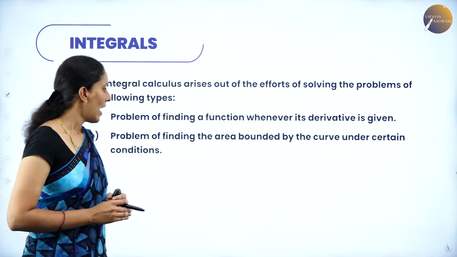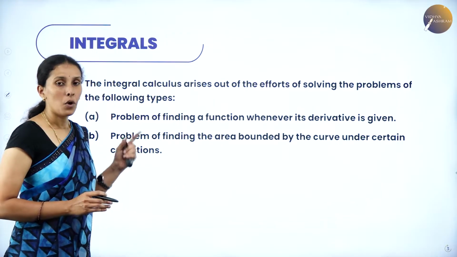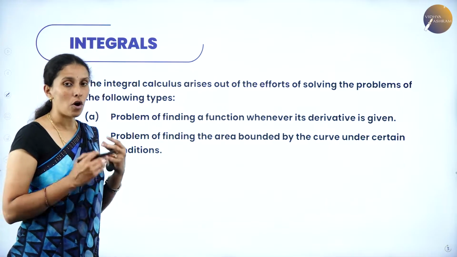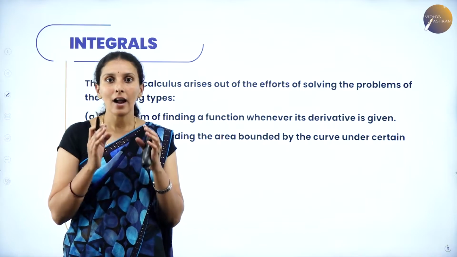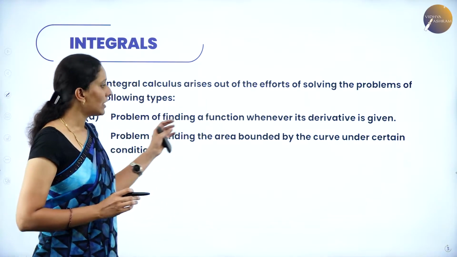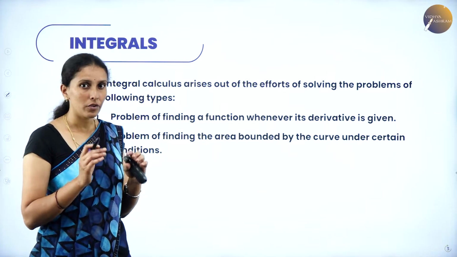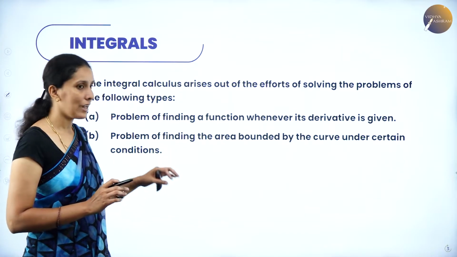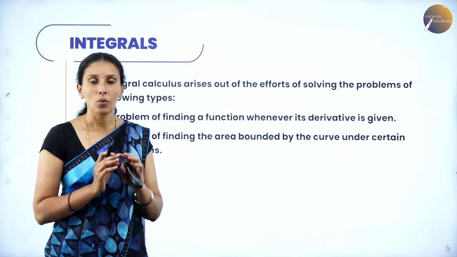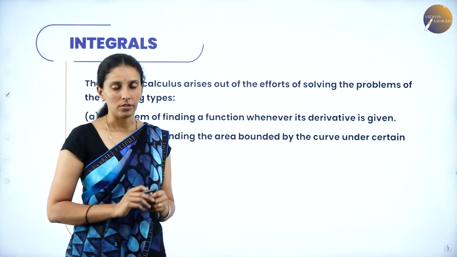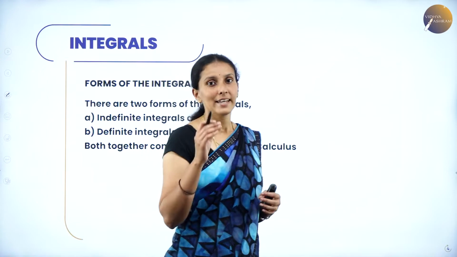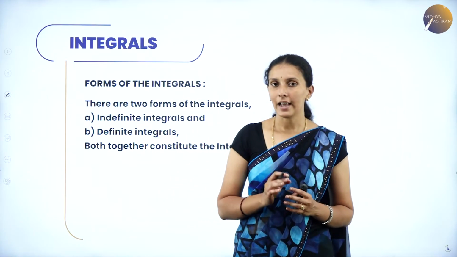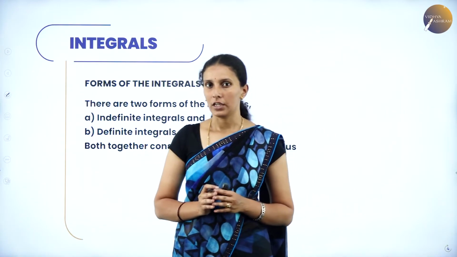anti-derivation also. And one more thing, why integral calculus is used or why it existed, is because it helps us to find the area under the curve. That is, whenever the area is bounded by the curve, we are supposed to calculate that area under the given conditions with the help of integration. Now, there are two forms of integral. One is indefinite integrals and another one is definite integrals.